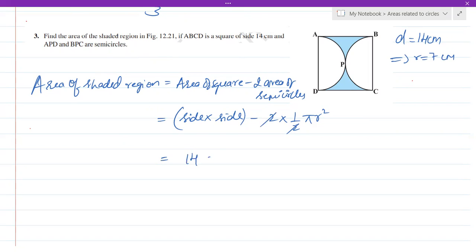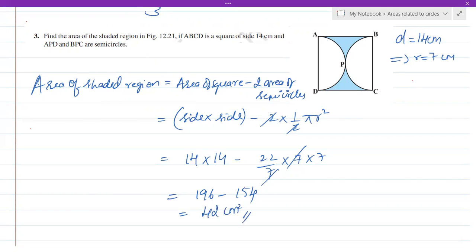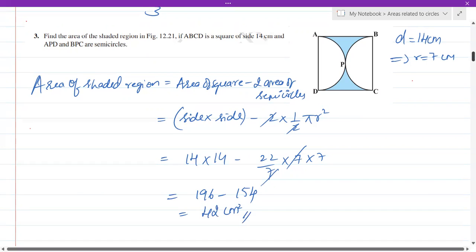Side is 14. So 14 into 14 minus pi, which is 22 by 7, into 7 square. So 7 into 7, 7 gets cancelled. 14 into 14 is 196 minus 22 into 7 is 154. If you subtract it, you get 42 centimeter square. That's the required area. So let's get into the next problem.